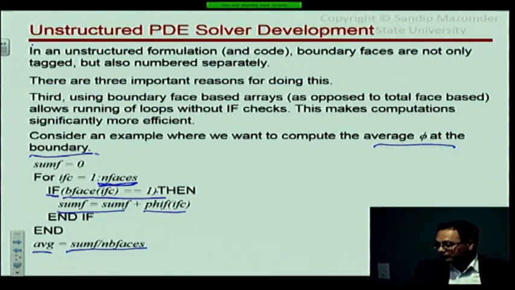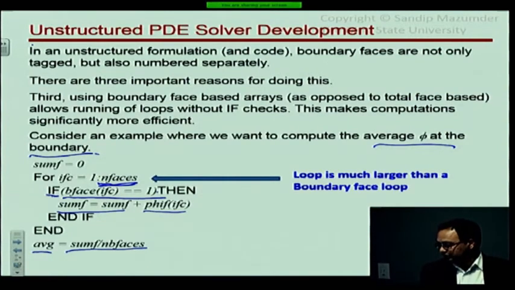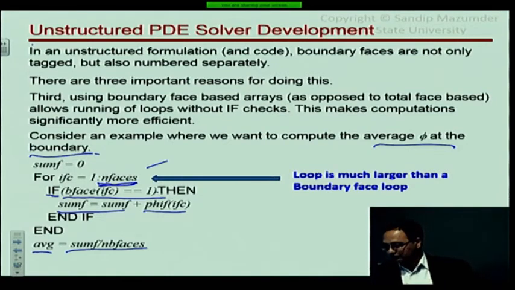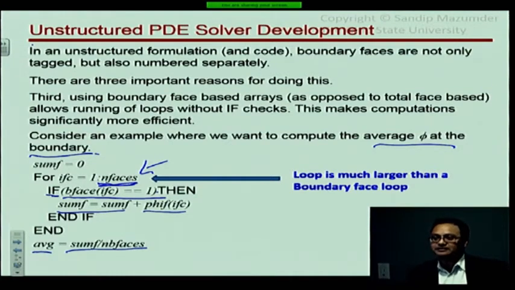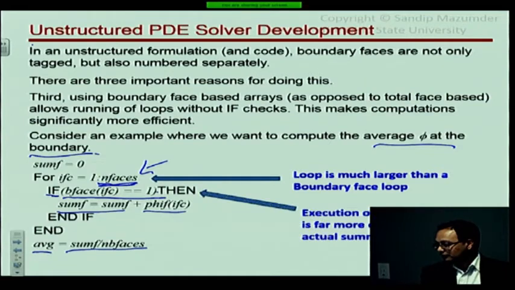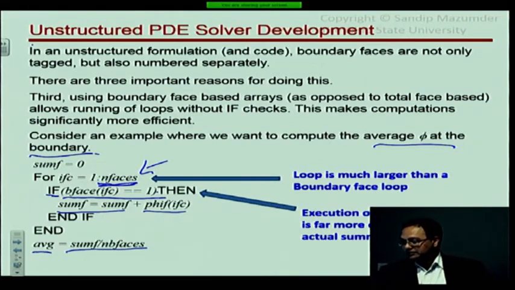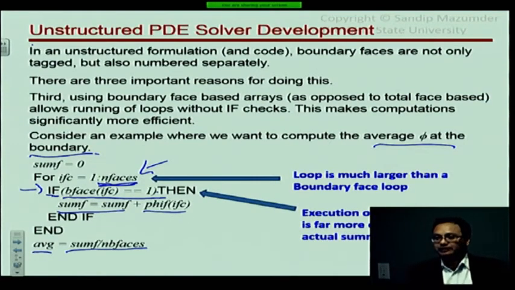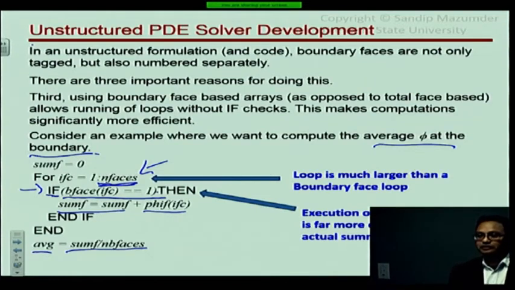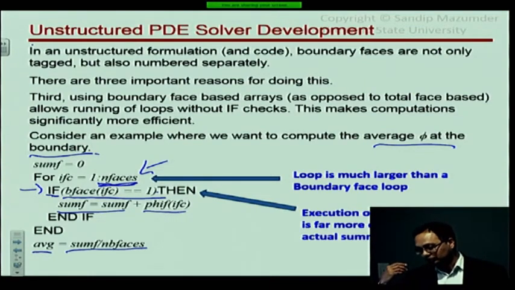But this loop is pretty large. Imagine you have 1 million faces. That's 1 million, and then you have to execute these if statements. And that's very, very expensive. This is one of the things I should mention for all of you who write computer codes for your research or whatever purpose: something that's an absolute no-no.